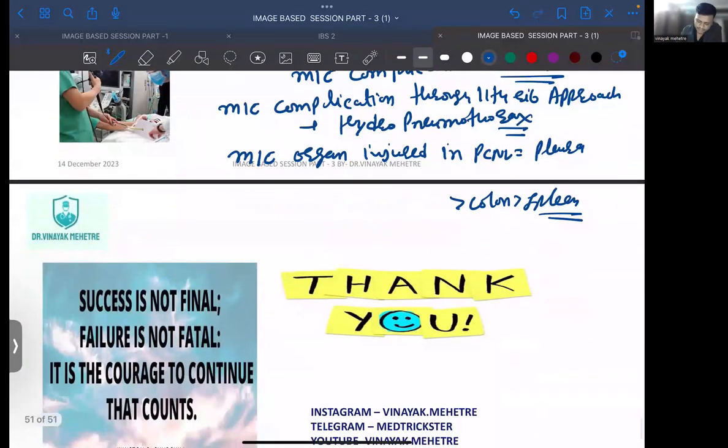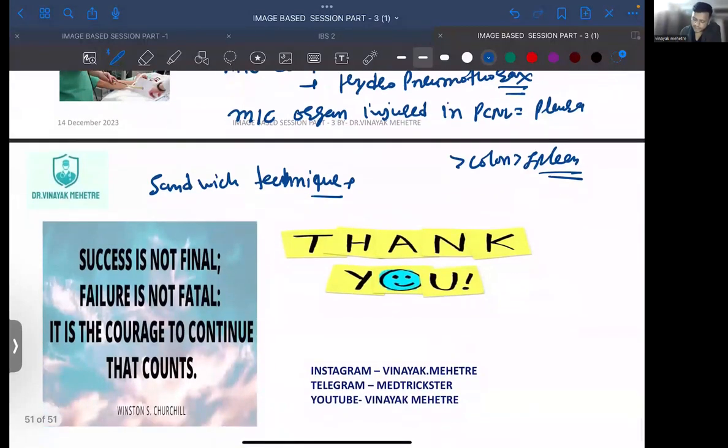Last line, you will finish this. There is something called the sandwich technique. Sandwich technique, what does it mean? Both PCNL and ESWL will be done together. What will we do in this? PCNL and ESWL both will be done.